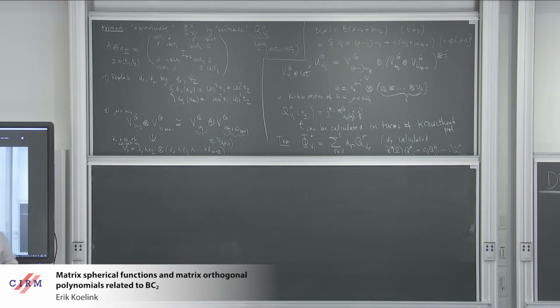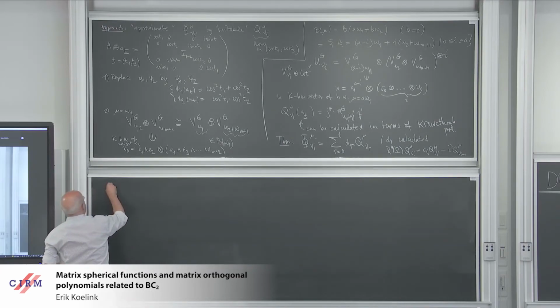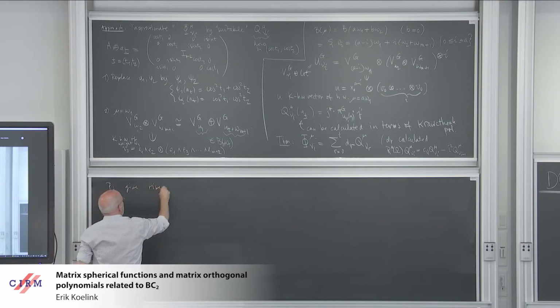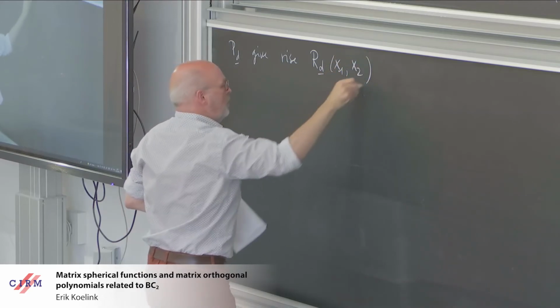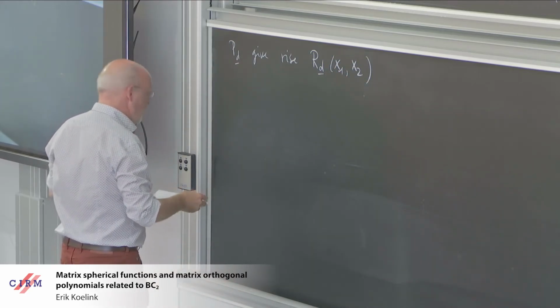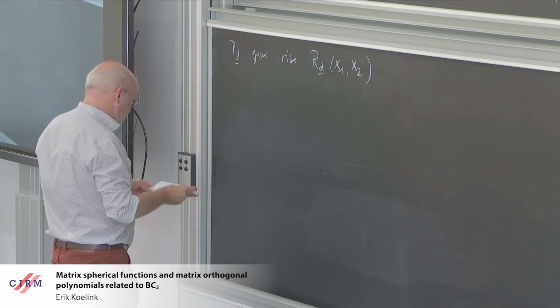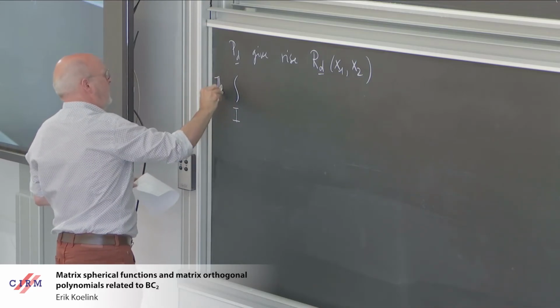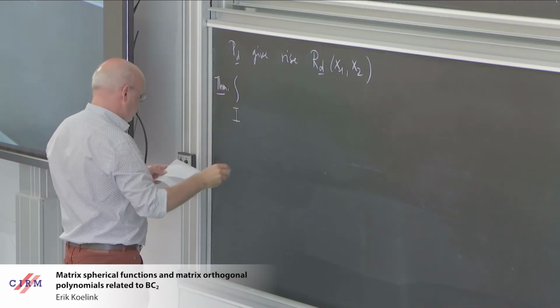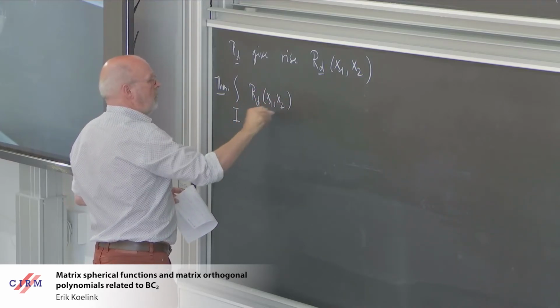Now I have to relabel these polynomials a little bit, so let me also call them differently. So this P_D gives rise to, let me call them differently, R_D of x1 and x2, and we get this type of orthogonality. After reducing to A, and of course taking out certain symmetries, we get this integral, let me say, theorem, that we get an R_D of x1, x2.